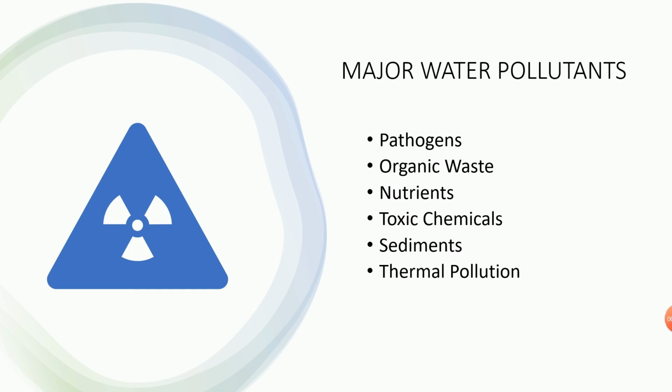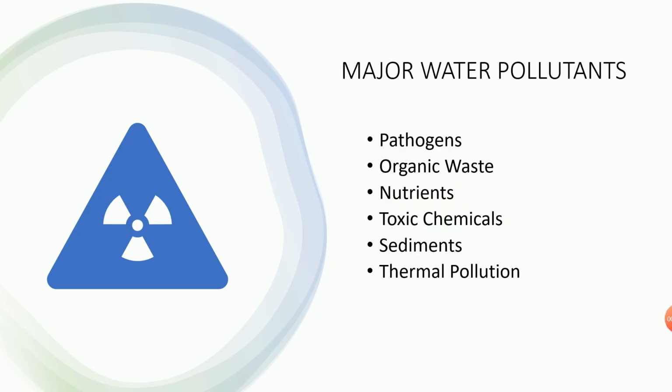Next, nutrients, even food sources. When we do rituals in Indian countries, we place all those things in the water bodies. That might be considered organic waste as well as nutrients. Then toxic chemicals, sediments, thermal pollution.